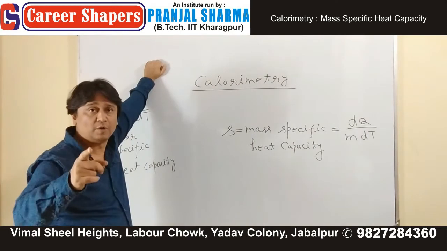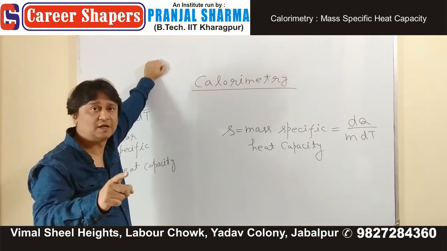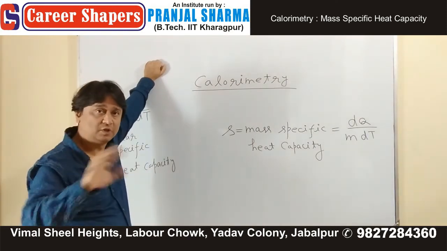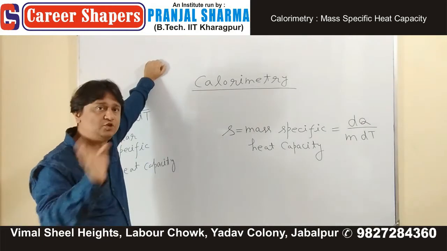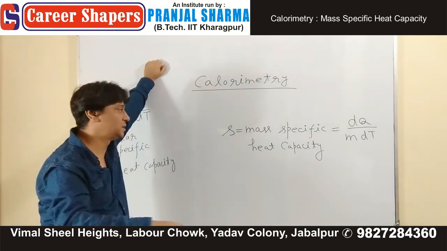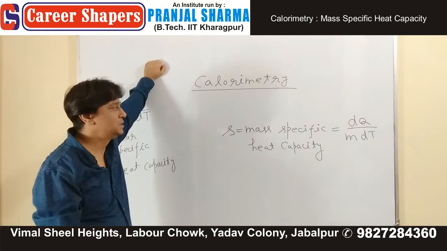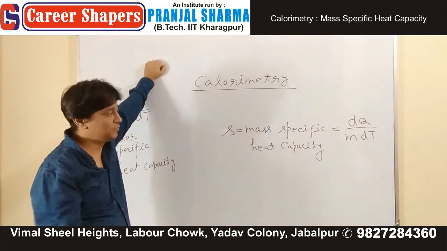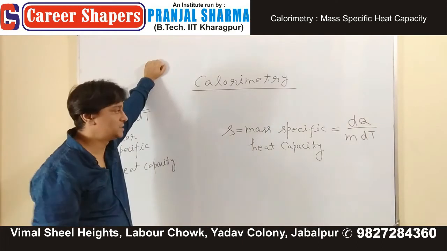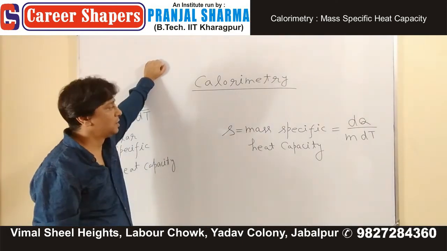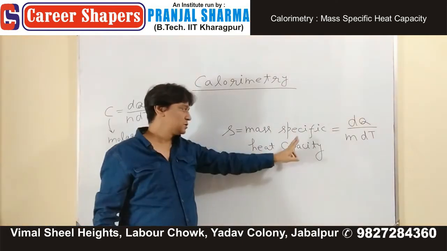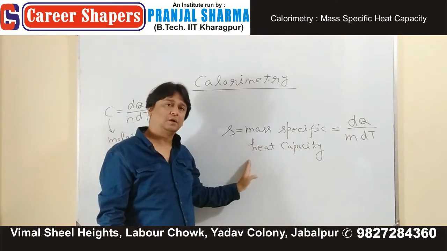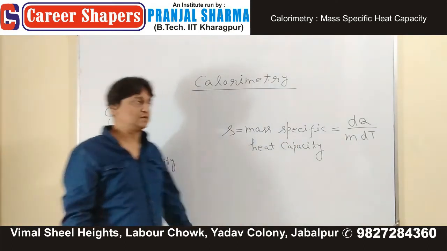Now you already know that you change the temperature by 1 degree Celsius or by 1 Kelvin, they both are what? Same. Change wise, 1 degree Celsius or 1 Kelvin, they both are same. So amount of heat required to change the temperature of unit mass by unit degree Celsius is called mass specific heat capacity.